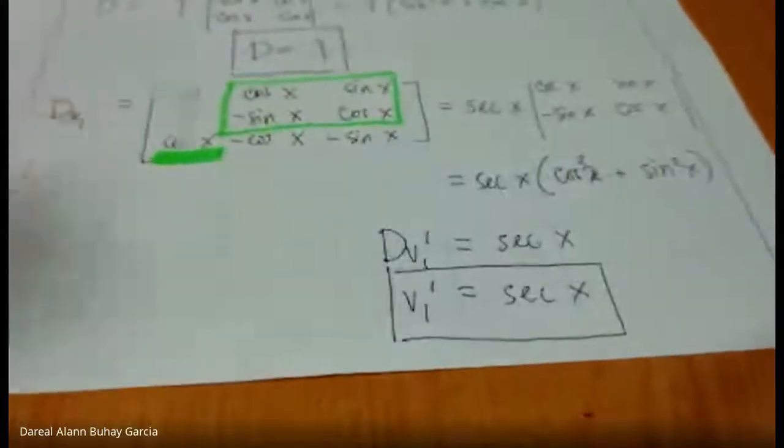So, napatay duha, no? Taas lang gid siya, but kaya raman. Next. The determinant of v2 prime. We replace the second column with the right-hand side column.